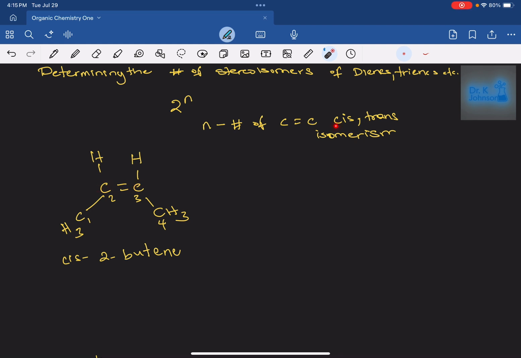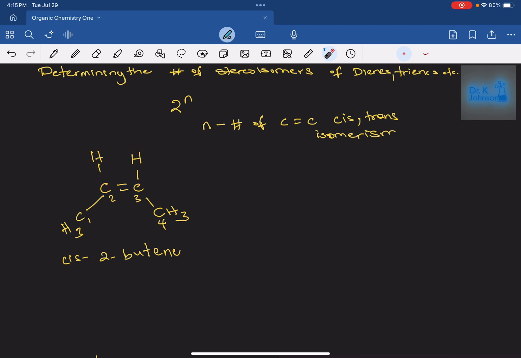Remember, in order for a double bond to show cis-trans isomerism, each carbon of the double bond must have one hydrogen. So this group has to be something different. This carbon needs to have one hydrogen only, and this carbon one hydrogen only.